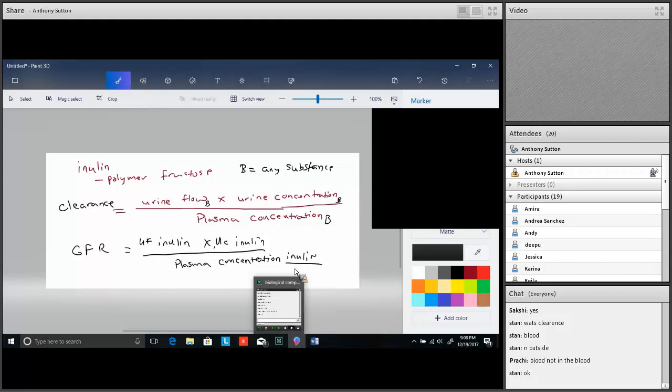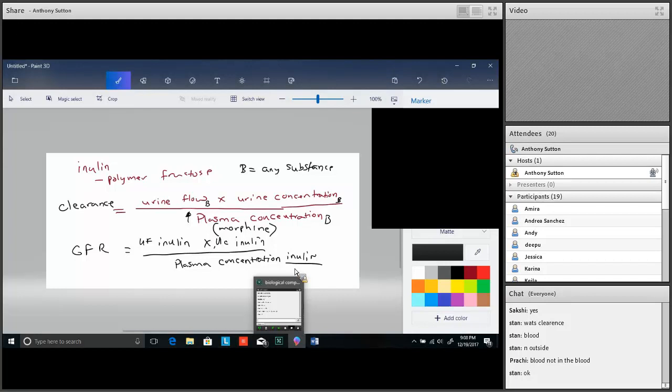So look at this, Stan. If I increase the plasma concentration of morphine, and as a matter of fact, I just taught this tonight to our NBDE students. We were doing pharmacology tonight.